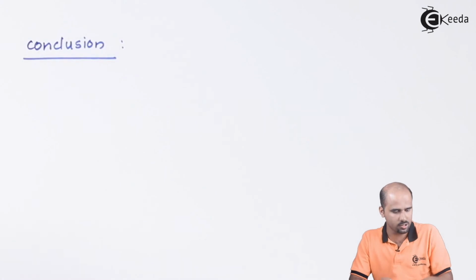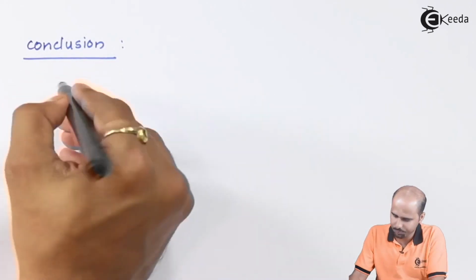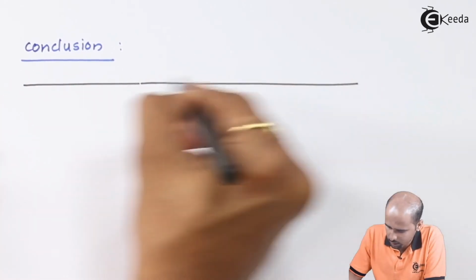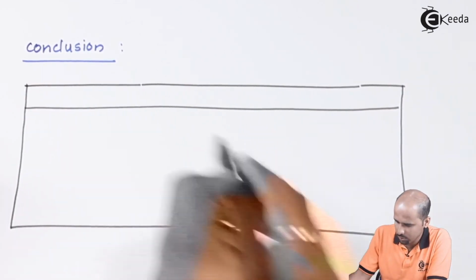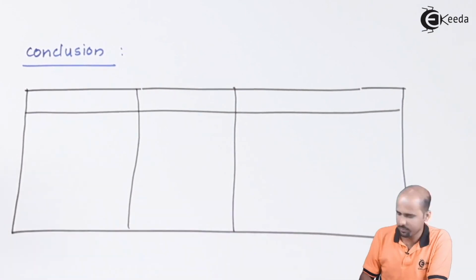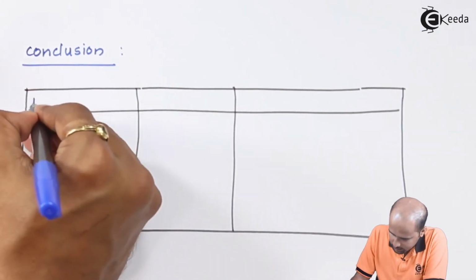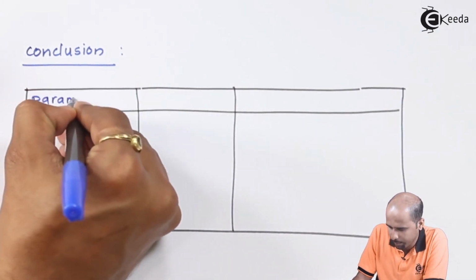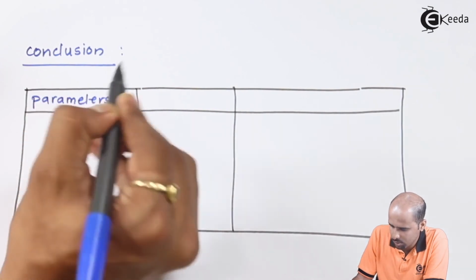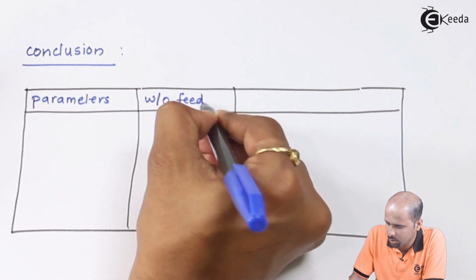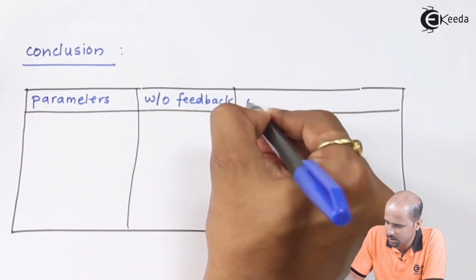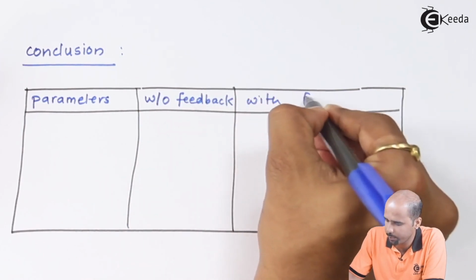So your conclusion for this particular circuit is nothing but, make a table, and then we'll decide that these are the parameters. This is without feedback and this is with feedback.